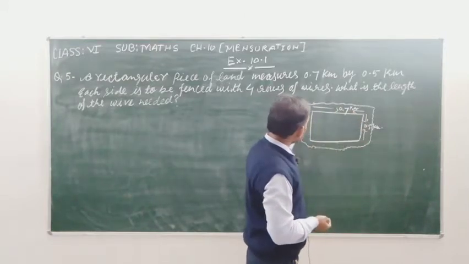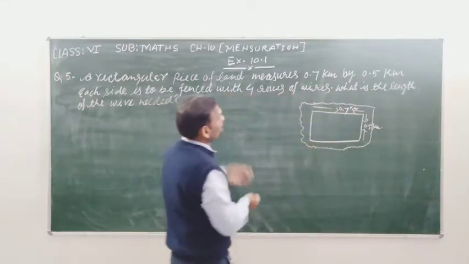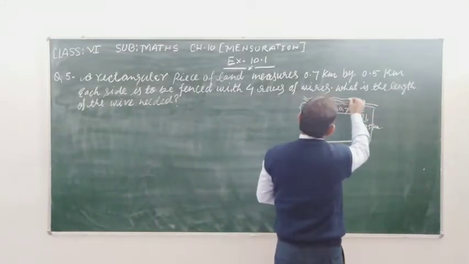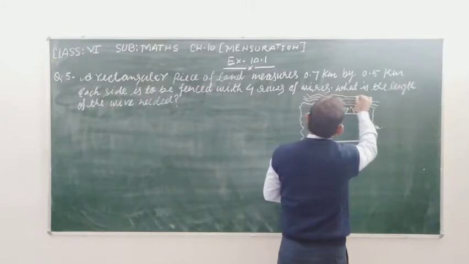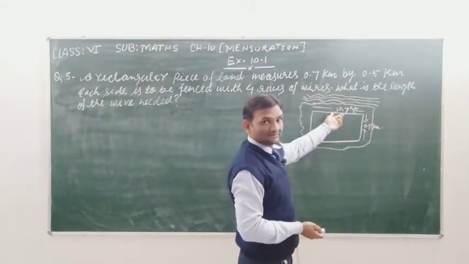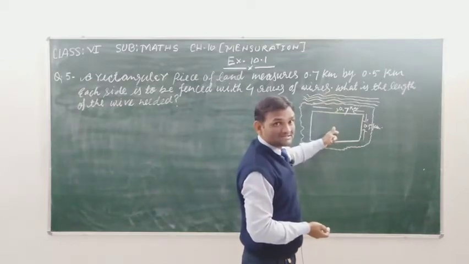On the boundary you have used the wire one time, and the question is saying you use it 4 times like this: 1, 2, 3 and this is 4. Now on this side you have used 4 times wire like this.